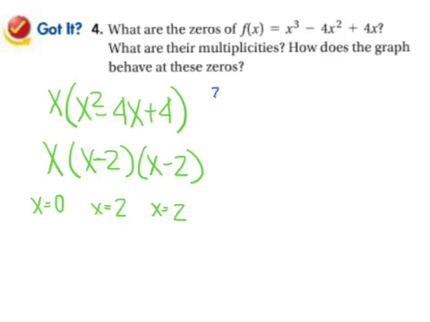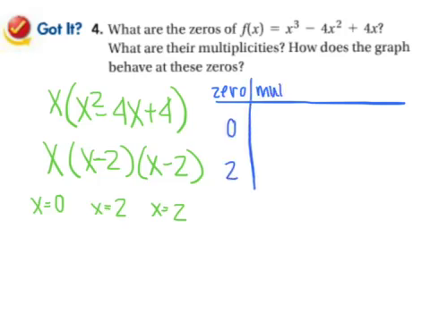So now if I'm going to talk about my zeros, I either have 0 or 2. State their multiplicity and behavior.